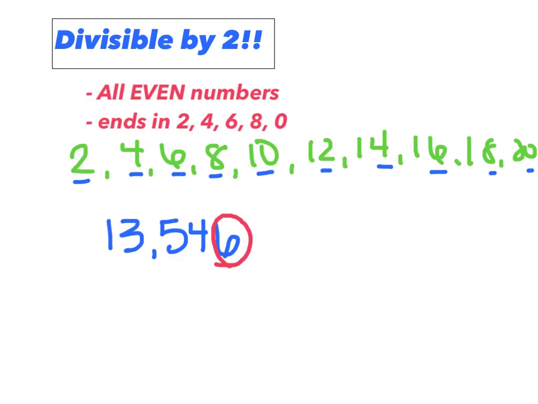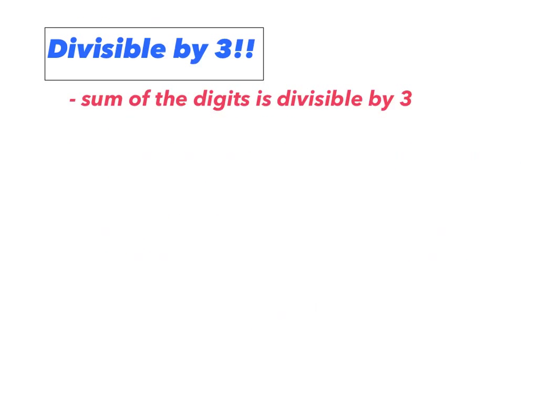Or, for example, maybe you have the number 300. It ends in a 0. Anything that ends in a 0 is an even number, so this number is divisible by 2. A non-example, a number that is not divisible by 2, would be the number 261. It ends in the number 1. 1 is not even, so this number is not divisible by 2. That's your rule for 2.